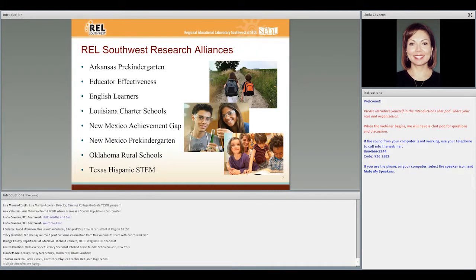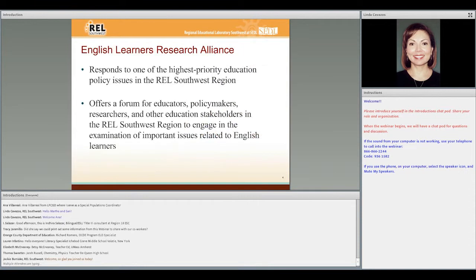This particular alliance is focused on the needs in Texas, but we will be expanding to the surrounding states. It essentially offers a forum for educators, policymakers, and stakeholders in education to identify important issues related to English learners and address problems of practice.